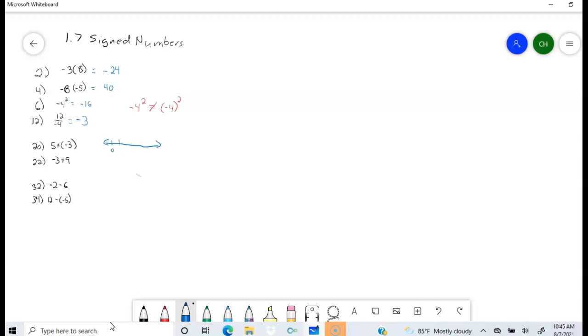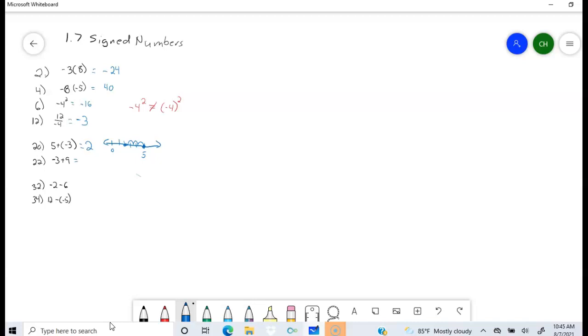There's my 0, 1, 2, 3, 4, 5. Okay, so if I start right here and I add a negative 3 to it, that means I'm going to go to the left 1, 2, 3 spots and end right here, which means my answer is going to be 2.